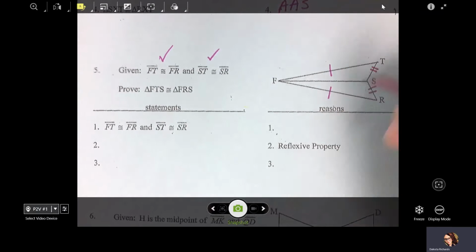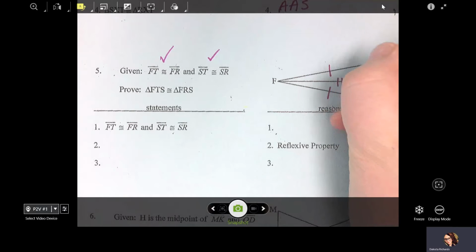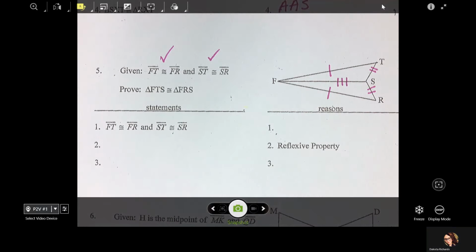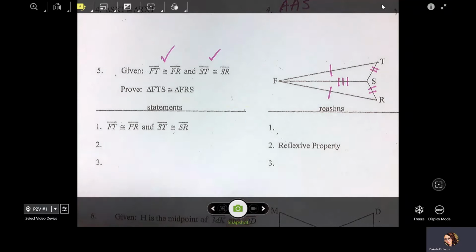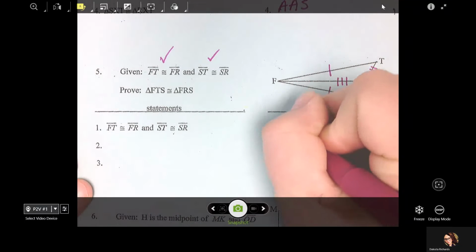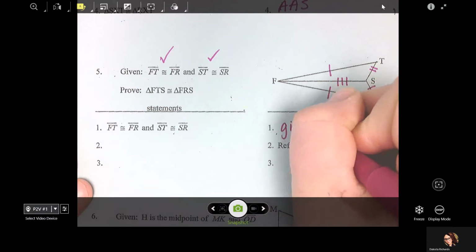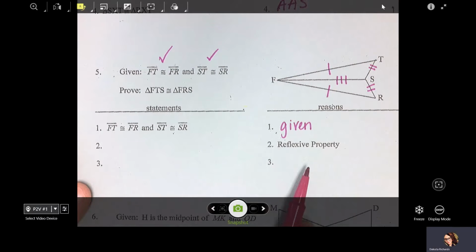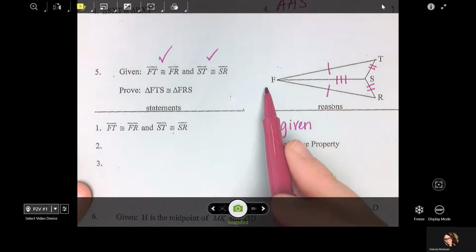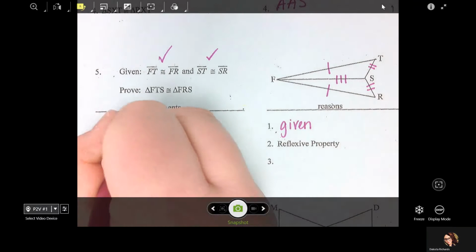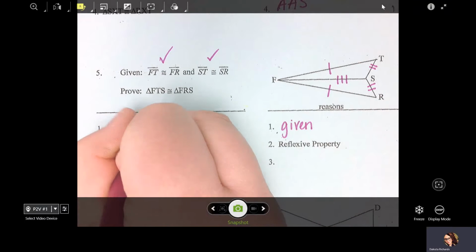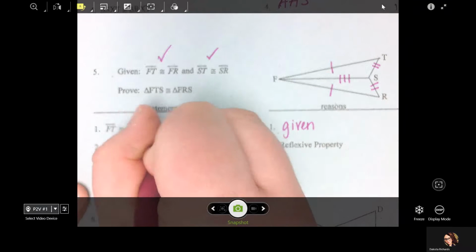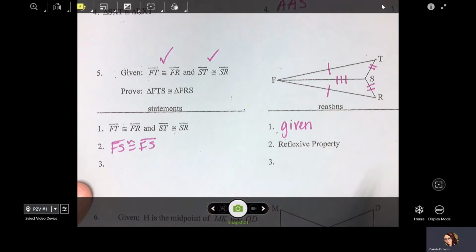Okay, so something we didn't mark, they share a side. Okay. So reason number 1 is given. Okay, what allows us to use reflexive property? FS is congruent to FS, that shared side.